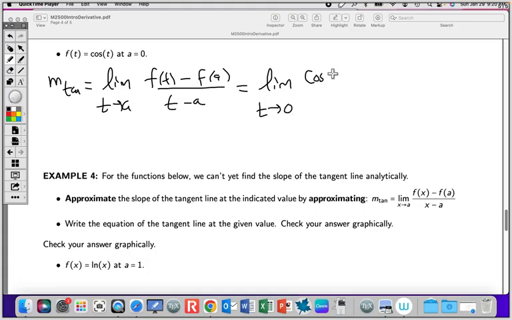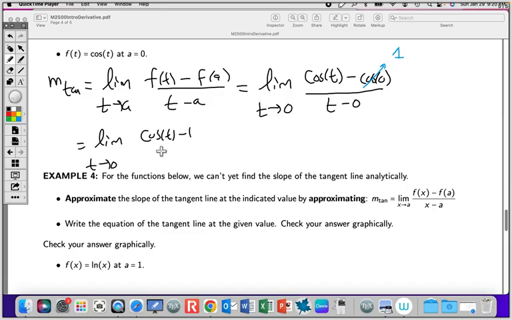F of t is cosine of t. F of a would be the cosine of 0 over t minus 0. And here remember that the cosine of 0 is 1. So we get this is the limit as t goes to 0 of cosine t minus 1 over t.